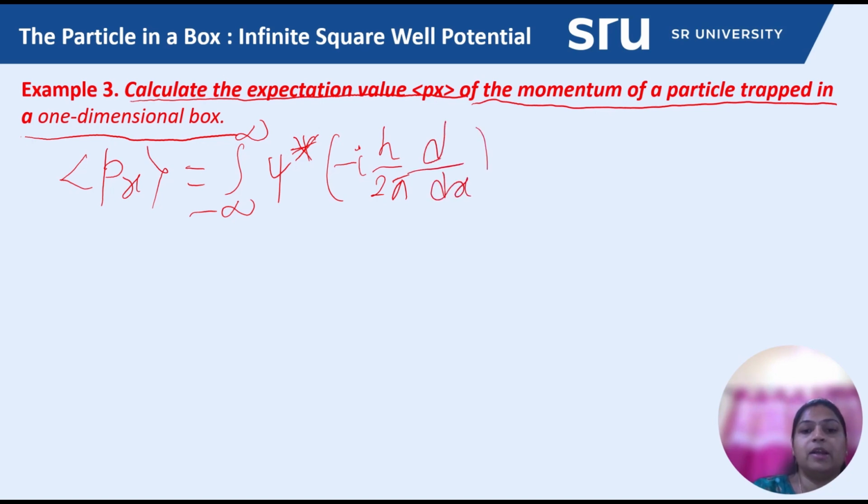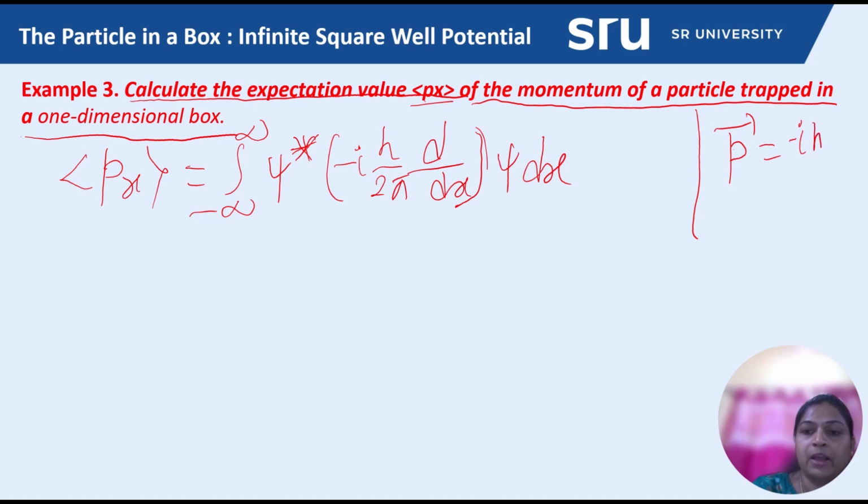In 3 dimensions it is minus i h by 2 pi delta, but here we are only considering px in 1 dimension, so it is d by dx acting on psi. So the momentum operator P, in 3 dimensions, is nothing but minus i h by 2 pi into delta.